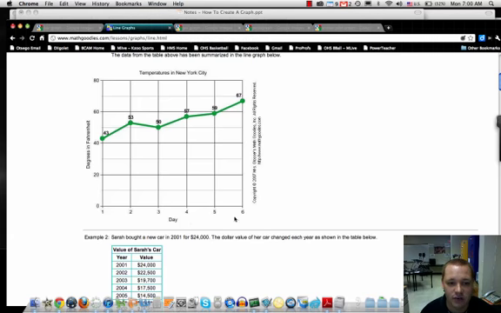Looking at the day right across the bottom, you'll notice that it increases 1 to 2 to 3, 4. So there's an even increase of 1. And then across the y-axis, you'll notice that it goes from 0 to 20 to 40 to 60 to 80. And there's even a line in between, but it's not labeled. So again, that might be an increase of 10, but nonetheless, there's a pattern in the increases of 20.